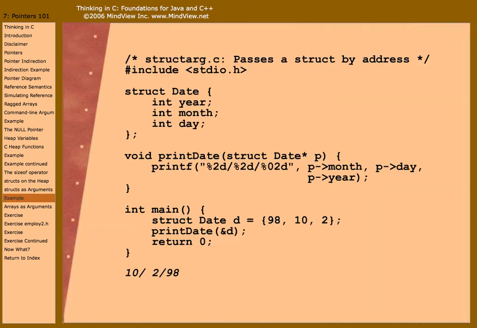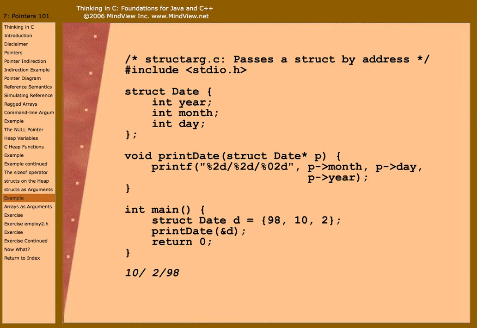In this example, I have a date struct, which just has 3 ints in it for year, month, and day. Now that's not terribly large, but still it's larger than a pointer would be. 3 ints is certainly larger than a pointer. So I'm going to define a print date function which takes a pointer to a date struct instead of a date struct by value. So inside of print date, I'll use that special shorthand syntax for accessing a member of a structure through a pointer.